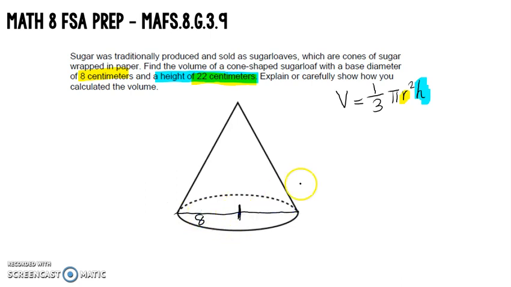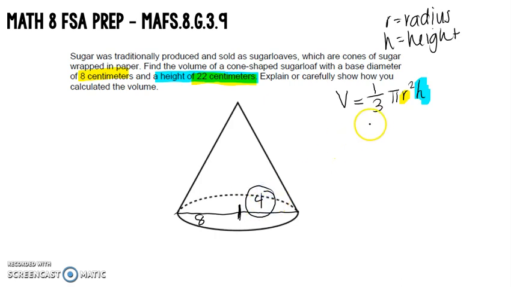So when I need to use the radius, remember r is radius, h is height, I can't plug in 8, I have to plug in 4 because I'm looking for a radius and a radius is half of that diameter. So 4 squared times h, and that height they gave us is 22.